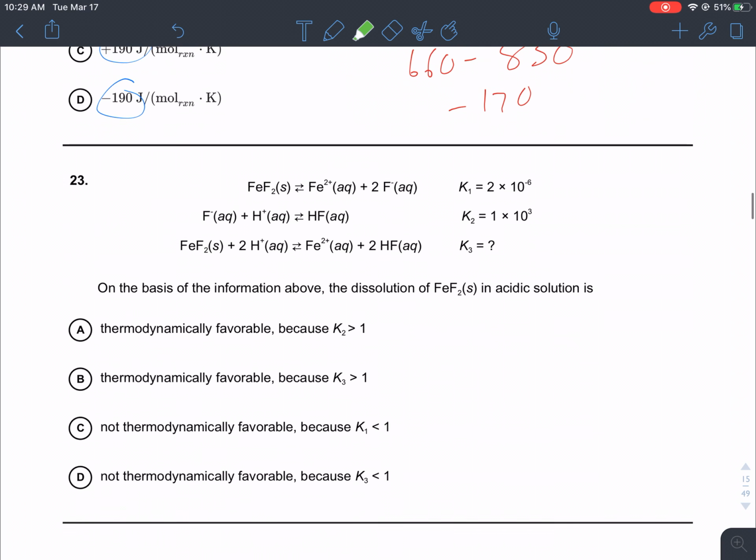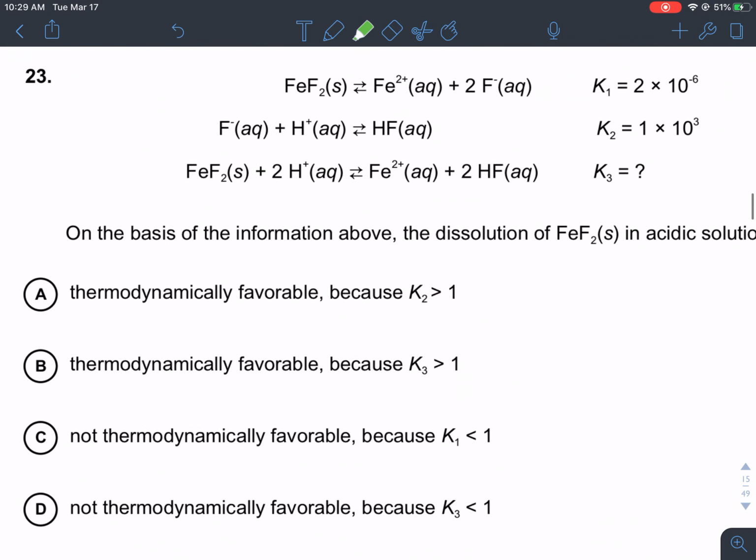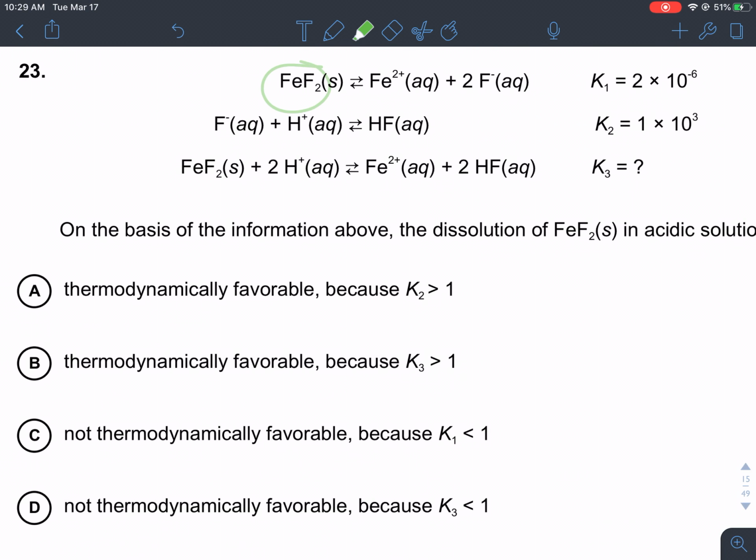23. All right, I'm taking a look at this. I see the Fe2. Here is the HF. The one thing that needs to happen is this needs to be multiplied by 2. There. This is actually okay. All right.